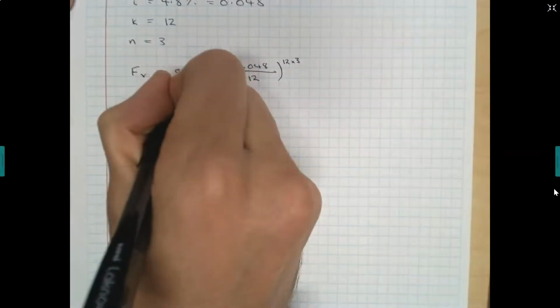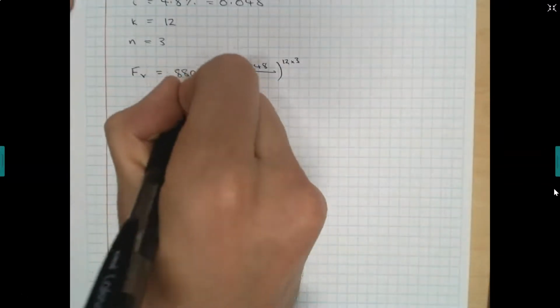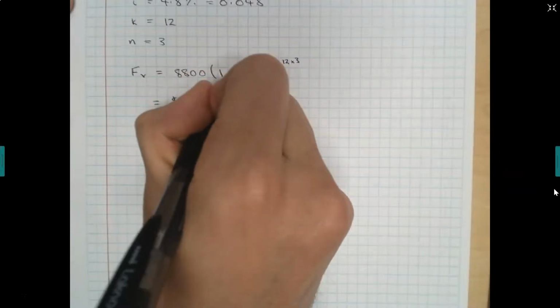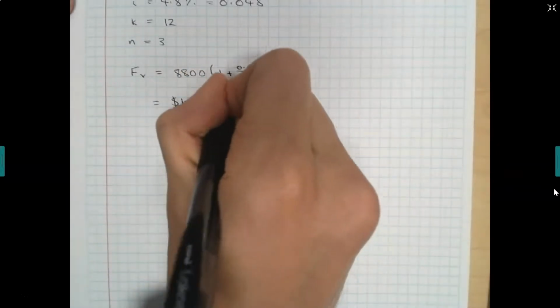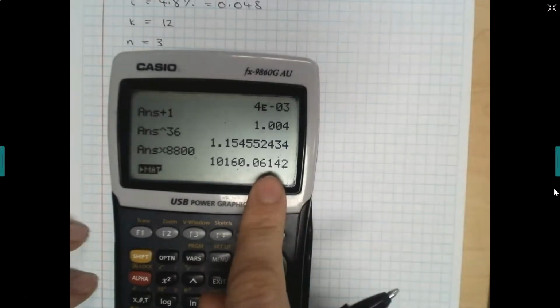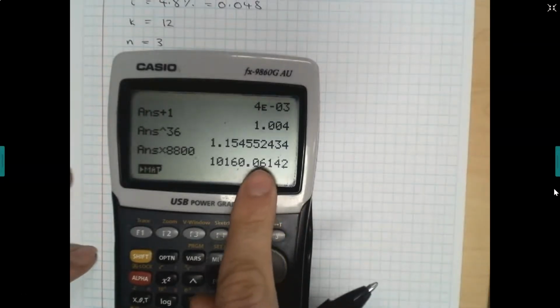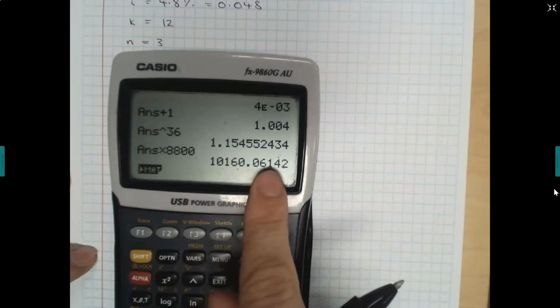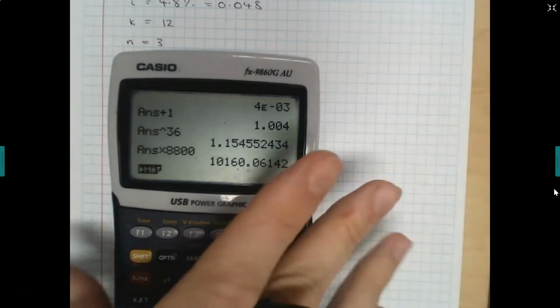So 10,160.06. Remember to ensure that you're rounding to the correct number of decimal places. So we'll go 2 decimal places. You have to check the third. Since that's less than a 5, that stays as a 6.